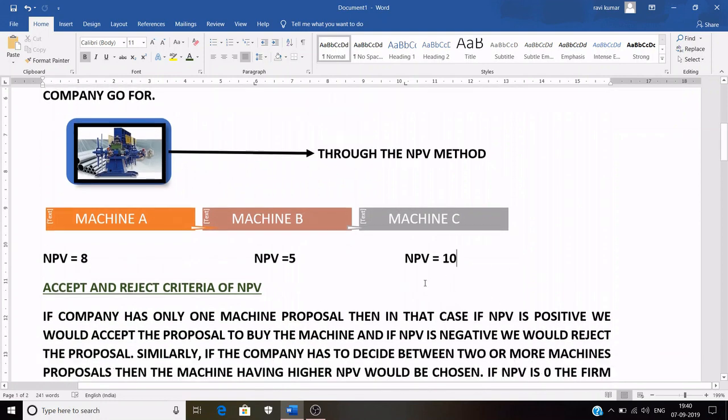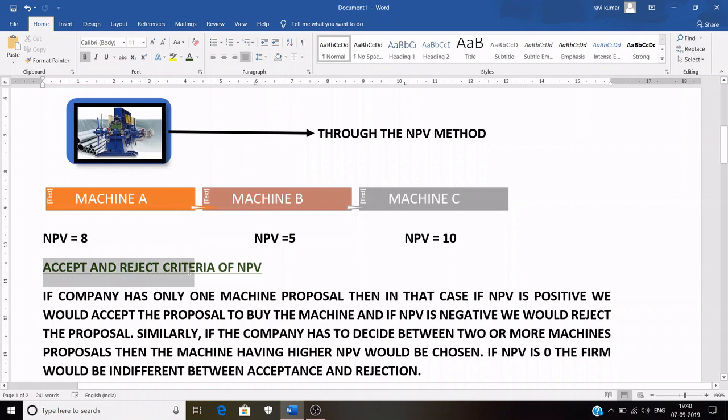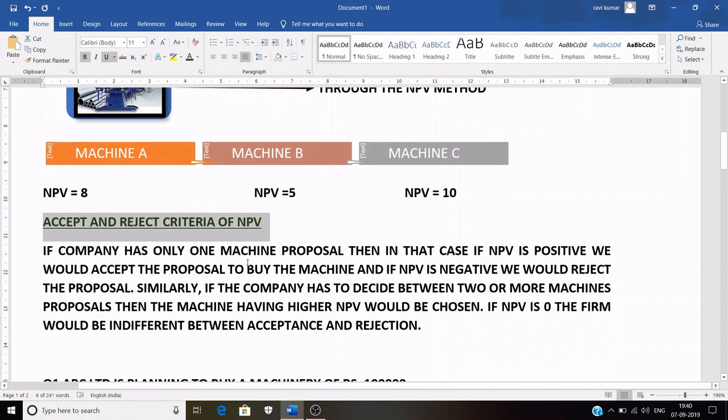The same thing is written in the accept and reject criteria of NPV: if the company has only one machine proposal, then if NPV is positive, we would accept the proposal to buy the machine, and if NPV is negative, we would reject the proposal.